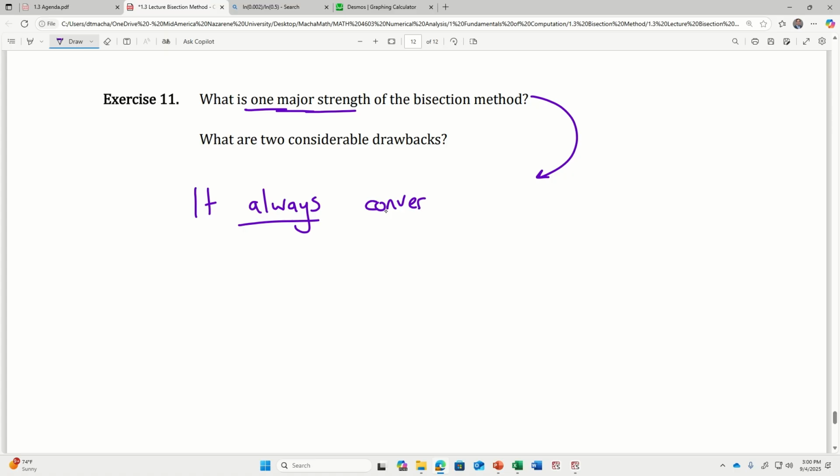If you're dealing with a continuous function and you know the bracketed interval to start with, where one side is positive and the other side is negative, then it always converges to an answer. Of course, again, that's if f is continuous. And that's if you have a good starting interval.